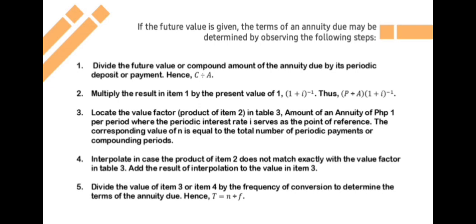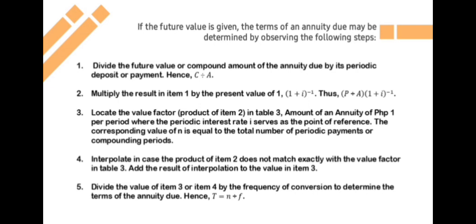Hence, the C, or the future value, divided by the periodic payment, which is A. So, next procedure naman is multiply the result in item 1 by the present value of 1. So, gaya rin ng sa present value, i-multiply lang din natin yung item 1 sa ating present value of 1, which is quantity 1 plus interest rate to the power of negative 1.